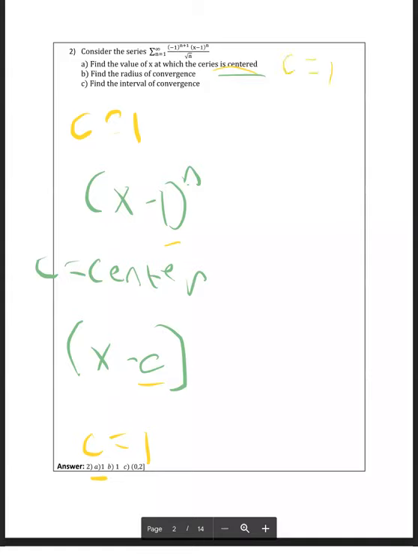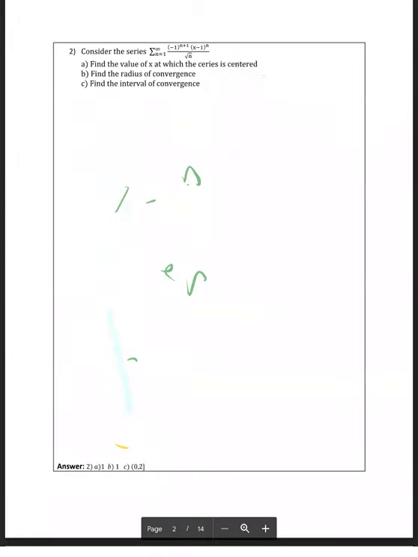So we now know that the center is 1. I'm going to put it on the top right now because we're going to have to do what we just did before to figure out the interval. But at this point, we don't need the center yet. We're just going to write it here, and that's the answer. The radius of convergence. In order to find the radius of convergence, we now know that the center is 1.